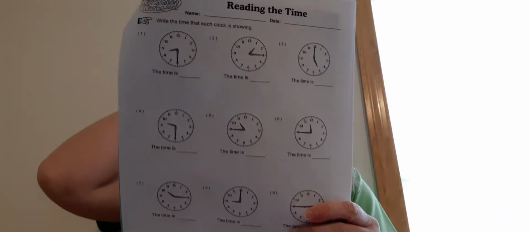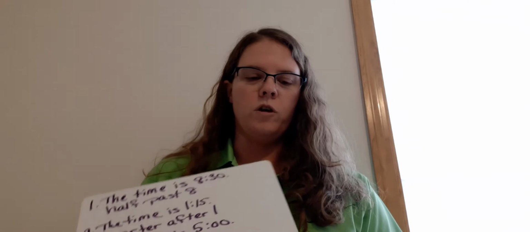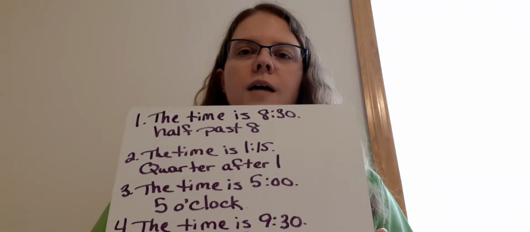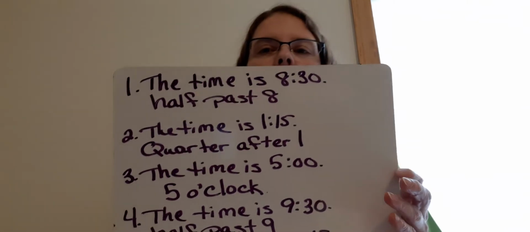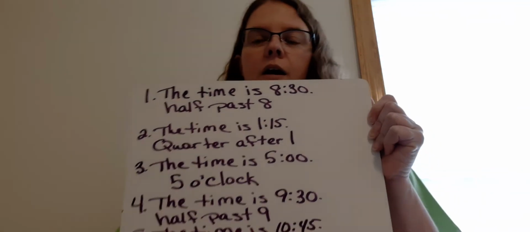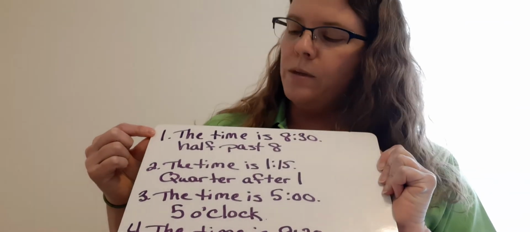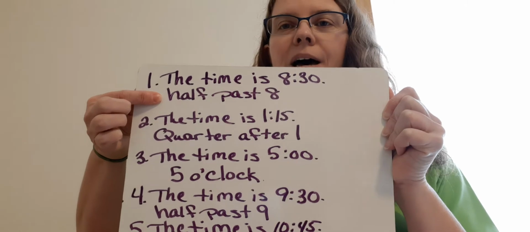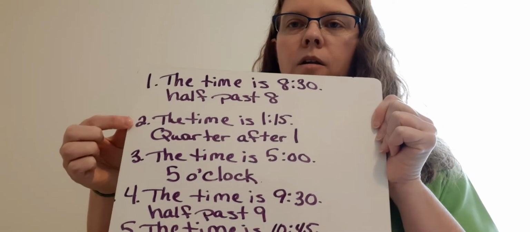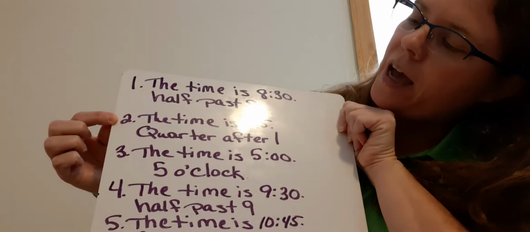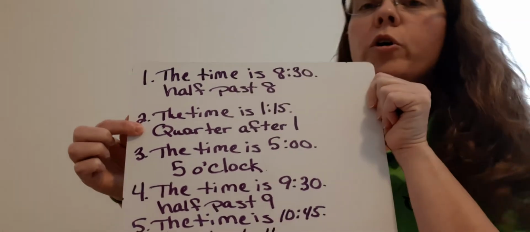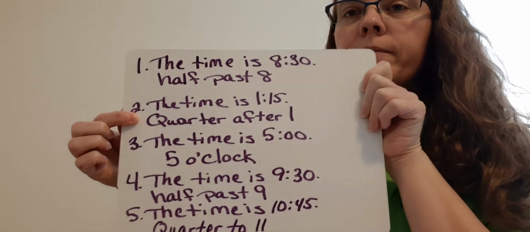This was our telling time. And I did the first 5 on my board here, so I'm just going to go over them. So number 1 should say the time is 8:30. Now remember, I asked you to write it in words underneath. So it should say the time is 8:30. Number 2, the time is 1:15.